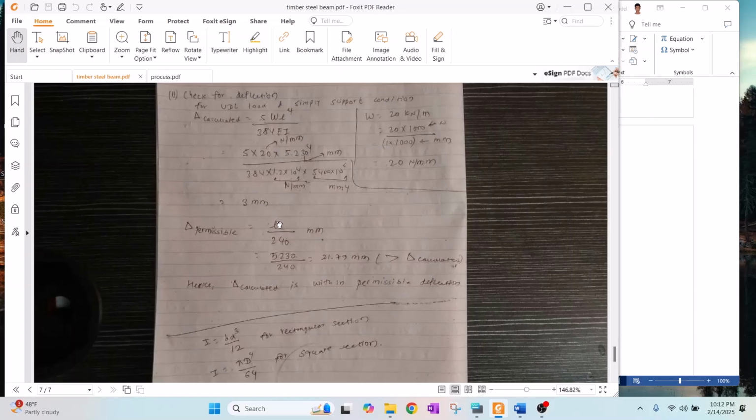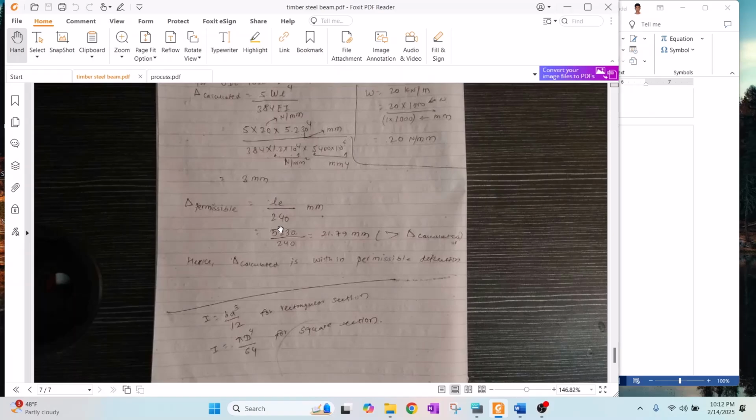So what is the permissible? We have just calculated the value of actual deflection of the member when we applied the load. So what is the permissible value? The delta permissible is L effective divided by 240. This equation is provided in several codes like British standards and American ones maybe.